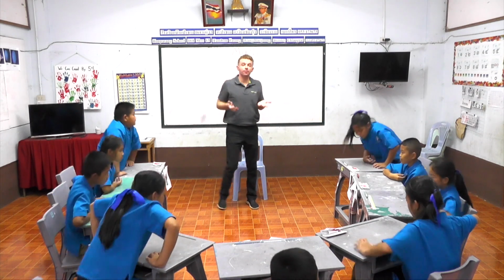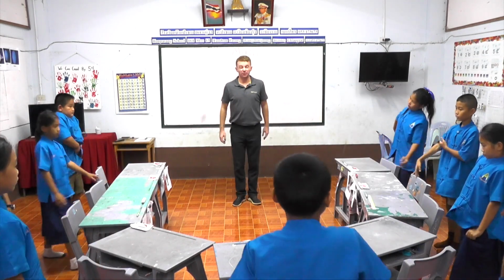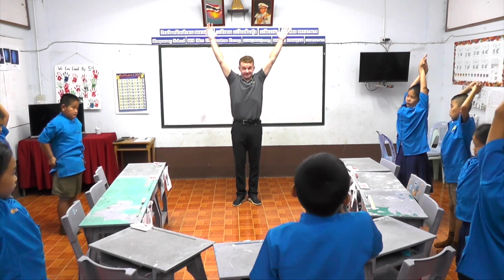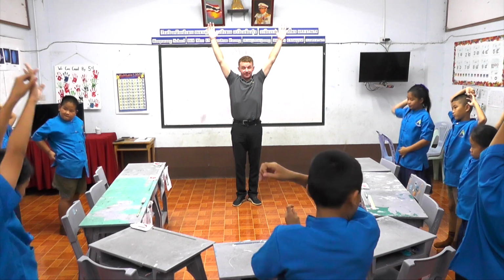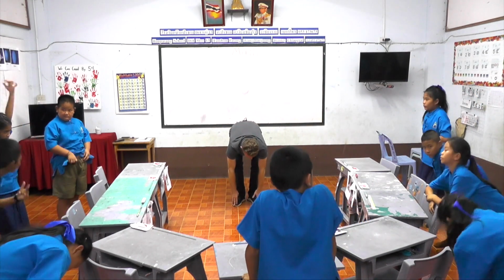And next we'll do our stretch sequence. So let's stand up and push in our chairs. We'll begin by stretching up high to the sky, high as we can. And then let's go down and touch our toes.